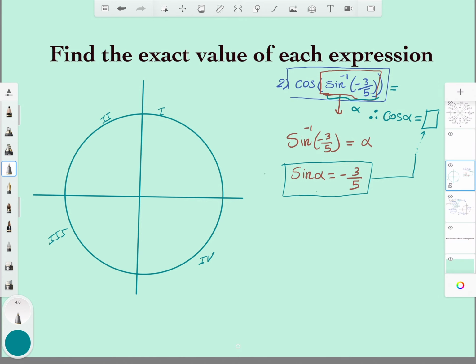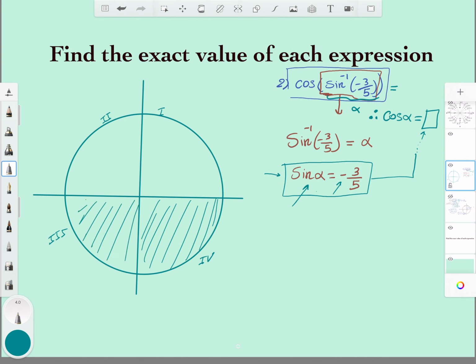So in which quadrant should we draw a triangle? Sine of alpha is negative in quadrants 3 and 4. And sine has an inverse in quadrants 1 and 4.